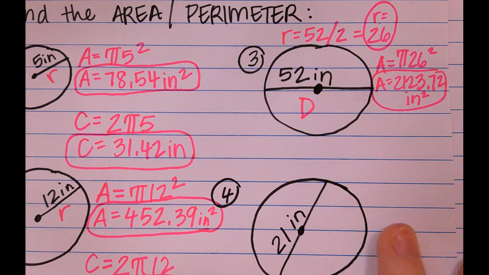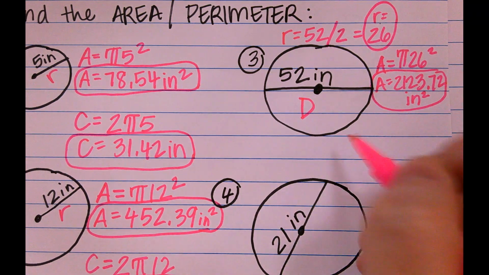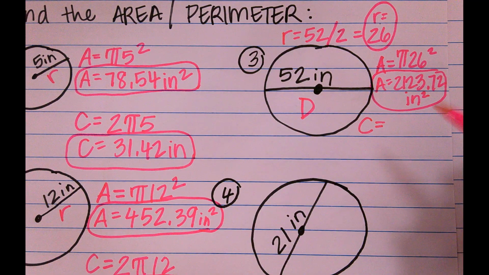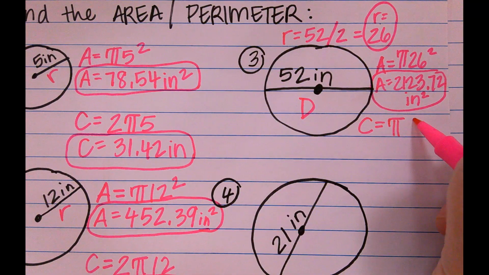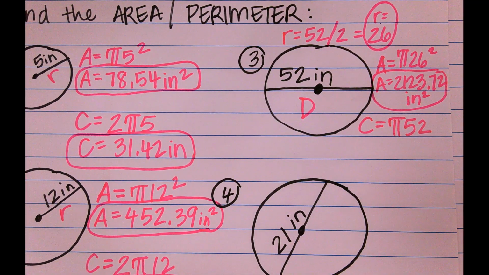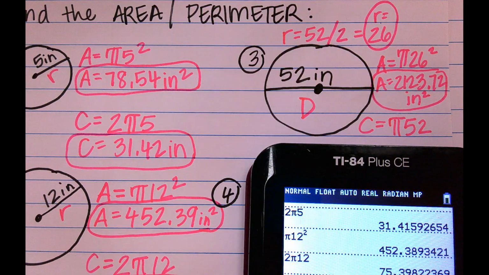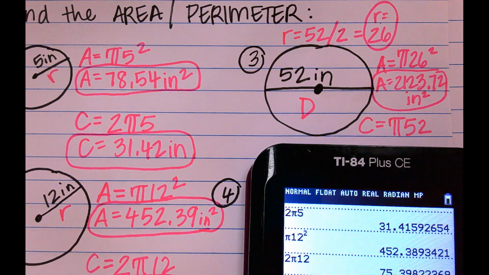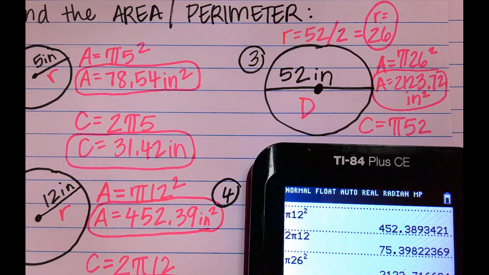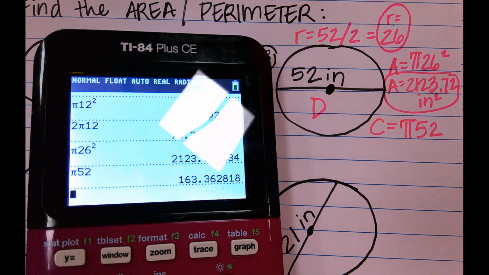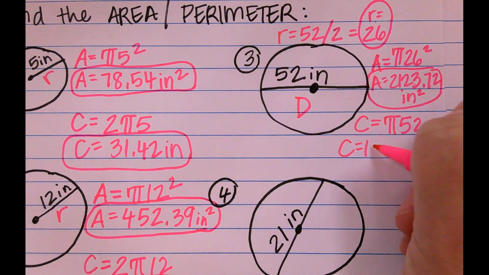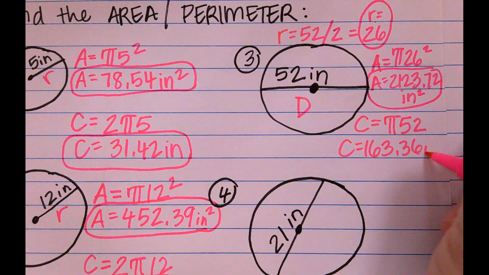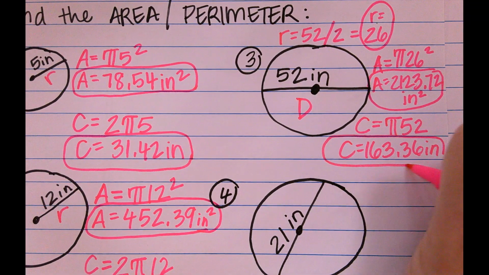When we do our circumference, since we have both the diameter and the radius now, we could use either formula. Let's use the diameter one. Pi 52, because our diameter is 52. We get 163.36 inches.